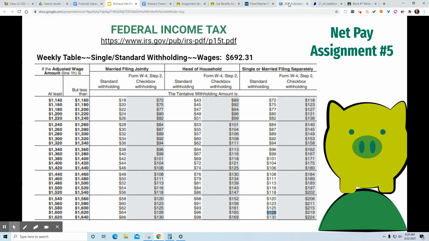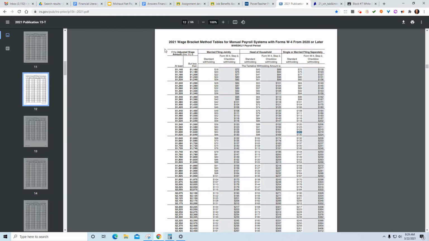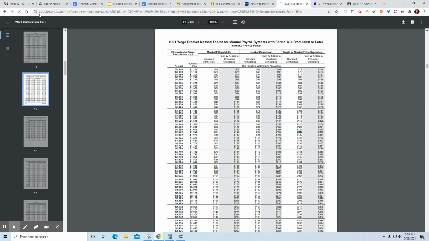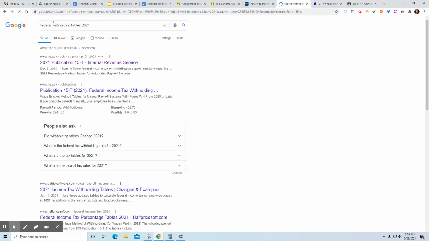So to do that, we need to go online and go to the website that we have bookmarked. All right, if you don't know, you should query Federal Withholding Tables 2021, or whatever year we're in.